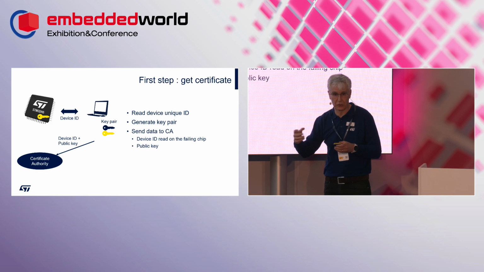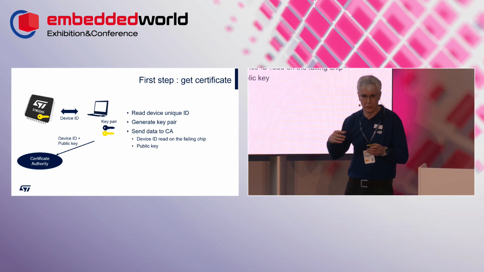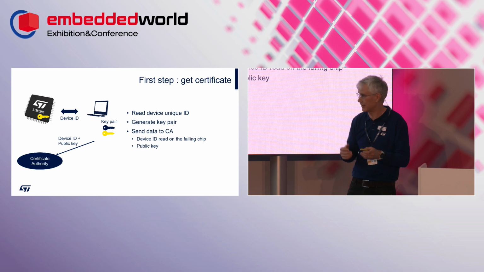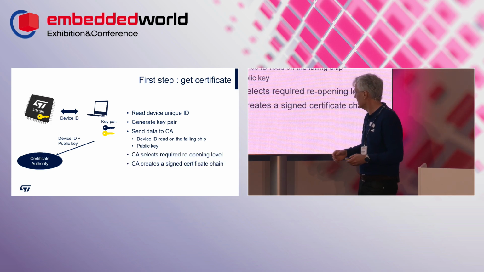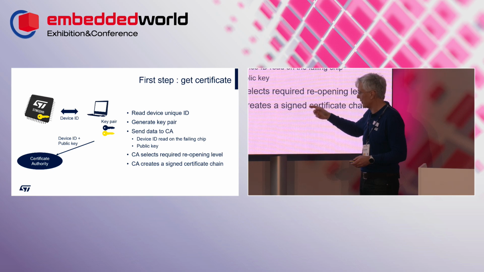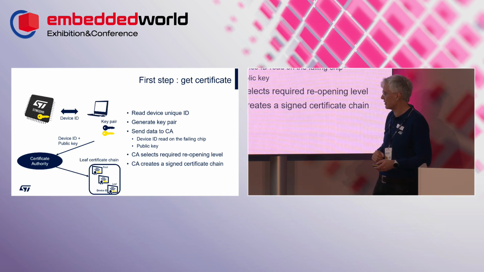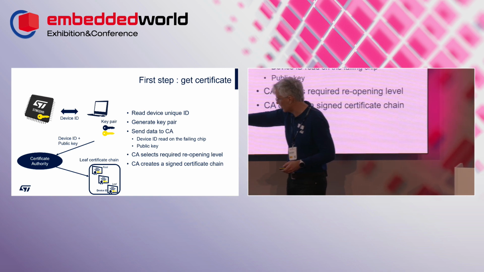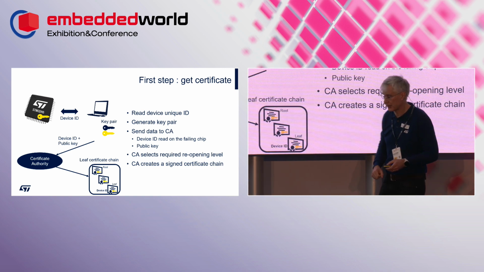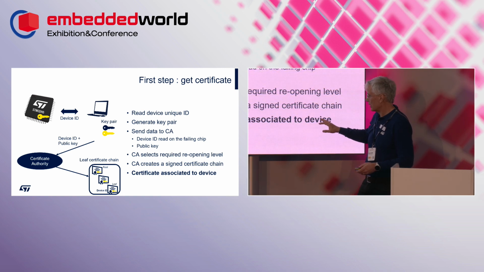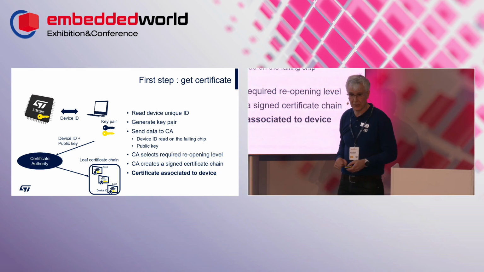So they can talk to your manager to understand what level of reopening you have access to. So you select the reopening level, and then you create the certificate. You create a certificate chain containing the root, the intermediate, and the leaf certificate. And this certificate is associated to the device.